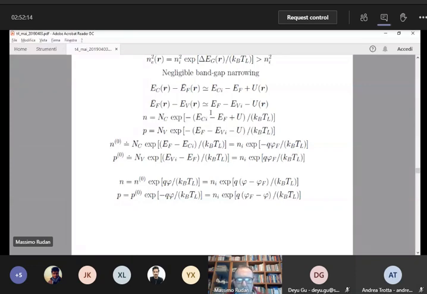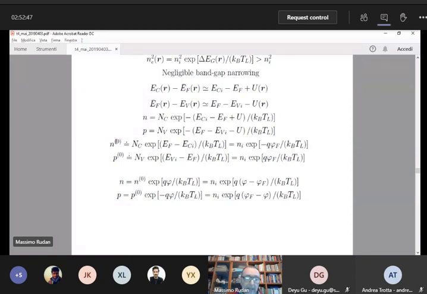Then you go to the second expression, the expression for the holes. Again, consider the position in space in which U is 0, and the corresponding value of P is called P up 0. And by the same analysis, you find that P up 0 is equal to Ni times the exponential of Q phi f over kT. Okay?